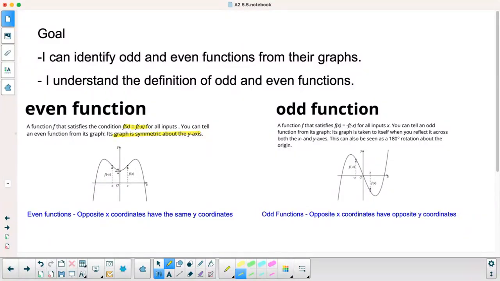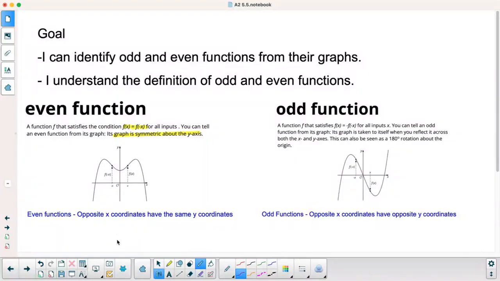It's kind of like when you make a Valentine heart. You draw half of it and you fold the paper, and then you cut it out and you have the other half. The same thing with y-axis symmetry. Another thing to know here: for even functions, opposite x coordinates have the same y coordinates.